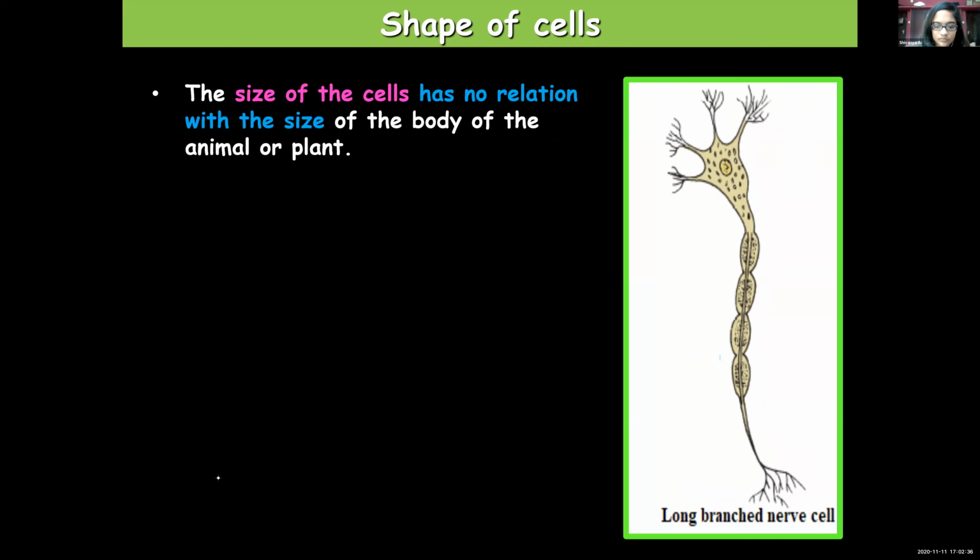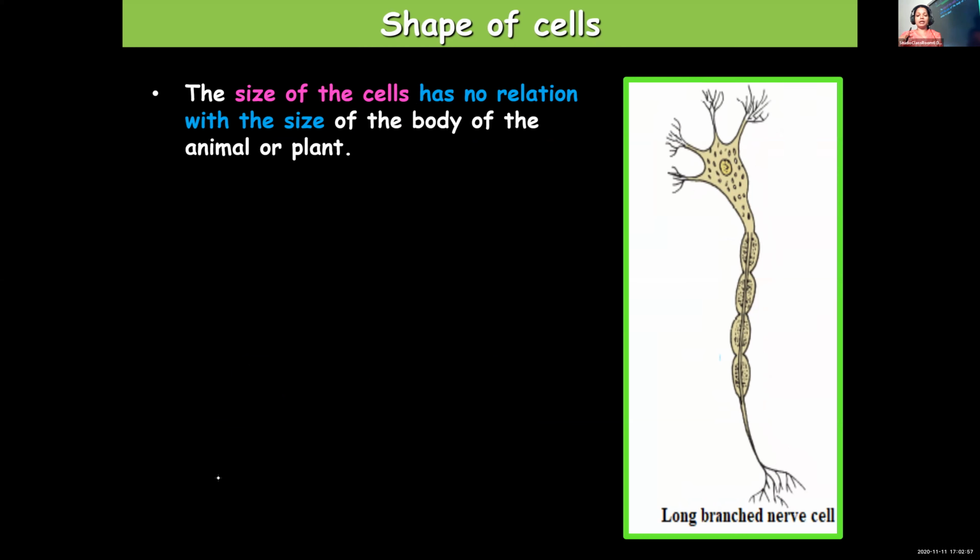Suppose a very lean, thin person is standing next to me. I can say that the number of cells in my body is more than that of the lean person standing next to me. The number of cells can make us big or small.